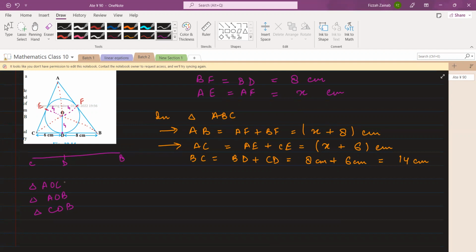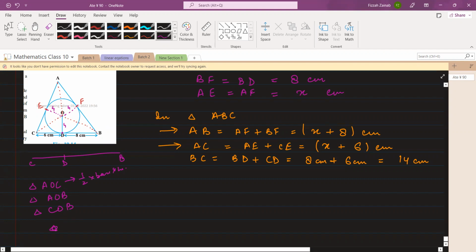Okay. Yes. So just try to understand. Don't write. We can find the area of this triangle by half into base into height, right? Similarly, we will find the area of all the 3 triangles by half base into height. So when I add all the 3 areas together, I'll get one expression in x, because the base will include x.